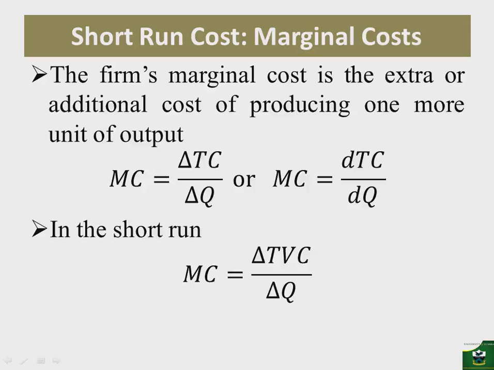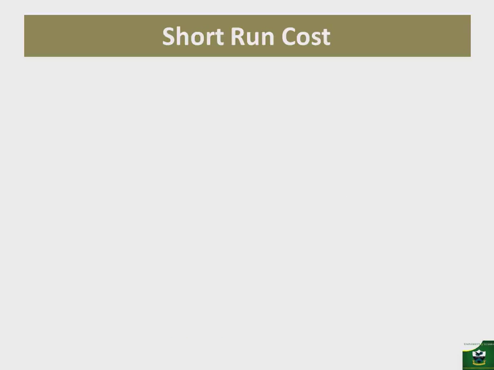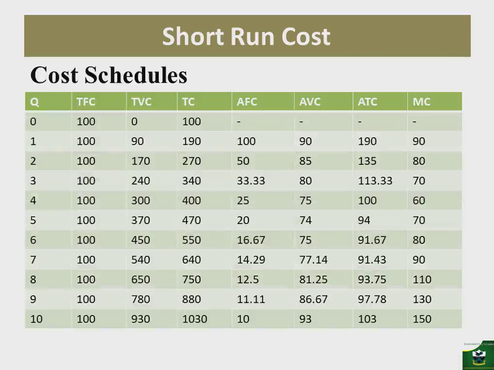Okay, so now if you notice what I've put here, I've already explained why we have marginal cost in the short run being measured with total variable cost and the output changes. Let's turn our focus to the cost schedules. On this cost schedule, we have the output, the total fixed cost, the total variable cost, and the total cost.